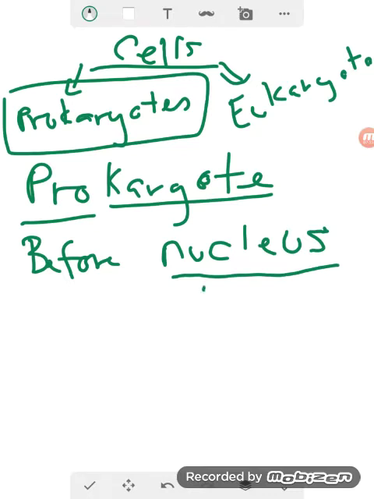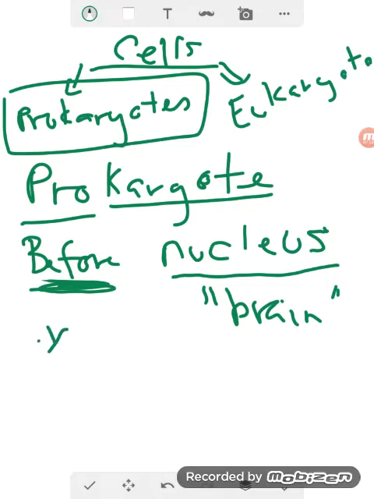A nucleus, for today, will be fine. This is going to be the brain of your cell, which means it's your control center. It's what carries out all of the commands for your cell. These prokaryotes, they're before a nucleus. That means they don't have a brain.